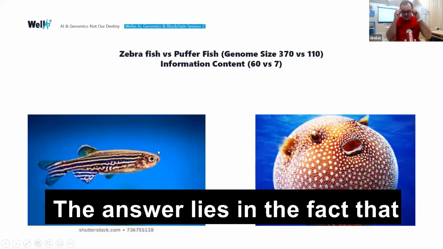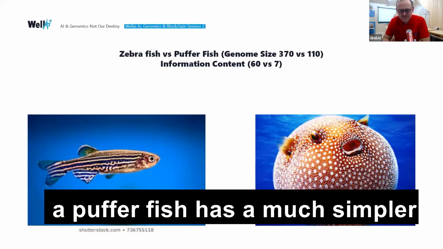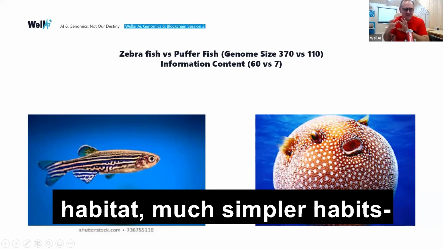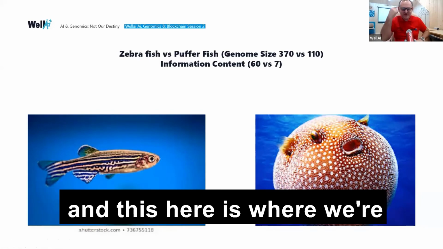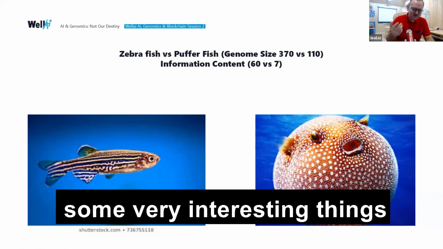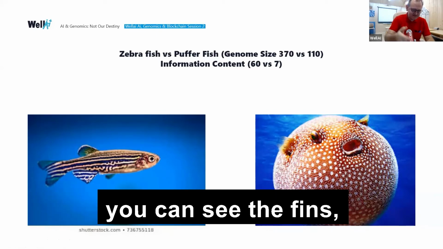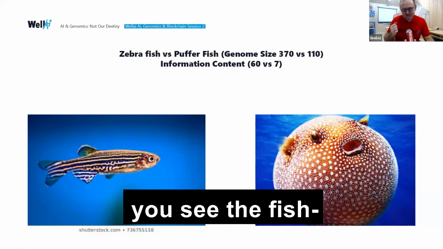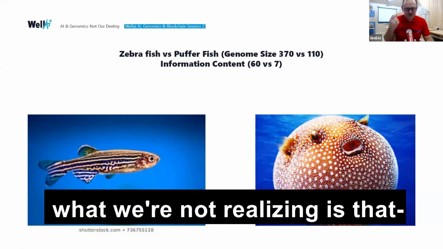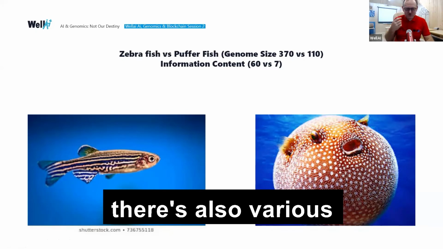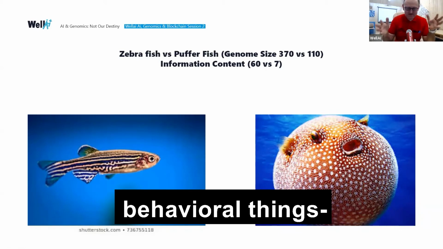Well, the answer lies in the fact that a pufferfish has a much simpler habitat, much simpler habits. And here we're getting into some very interesting things, because it's one thing when you look at the body plan, you can see the fins, you can see the eyes, you can see the fish, but what we're not realizing is that there's also various behavioral things that animals do.